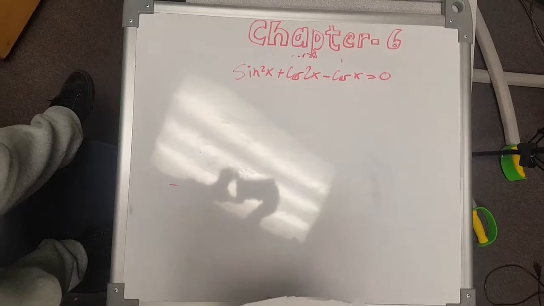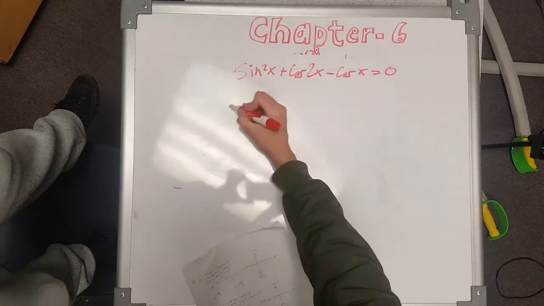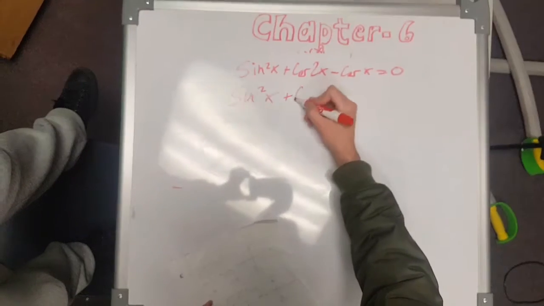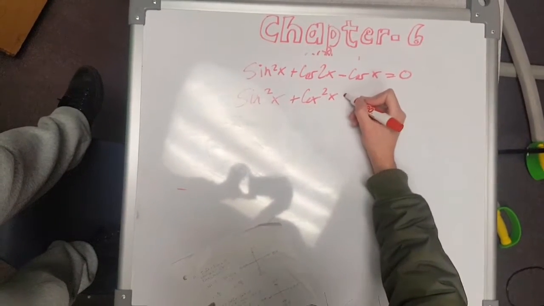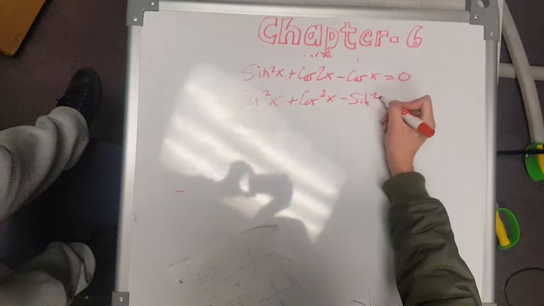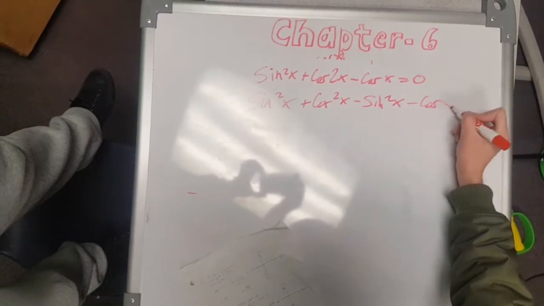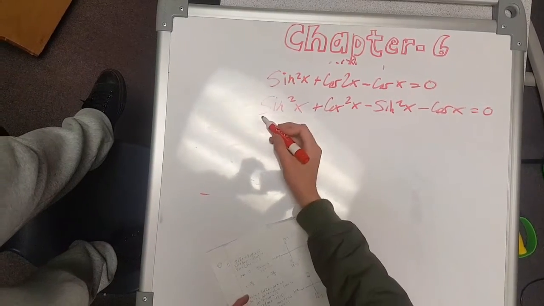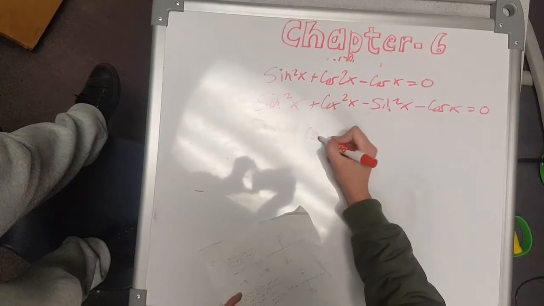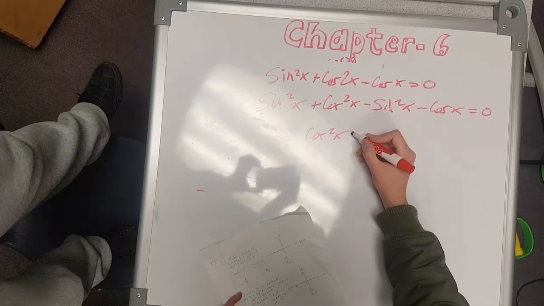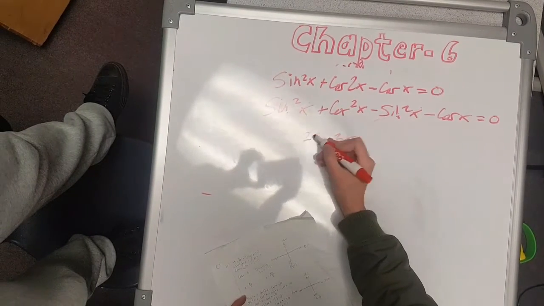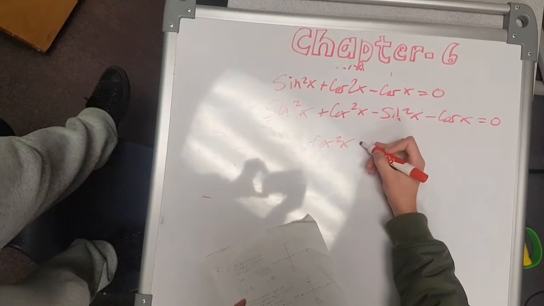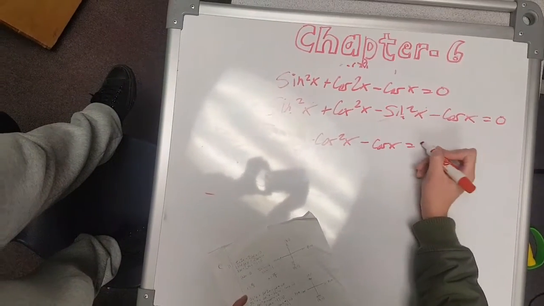Cosine 2x is equal to cosine squared x minus sine squared x, so we could substitute that in. Now, sine squared x and sine squared x cancel out, so we have cosine squared x minus cosine x equals 0.